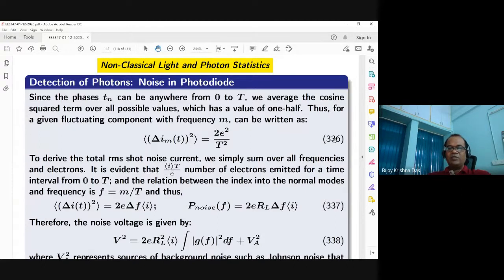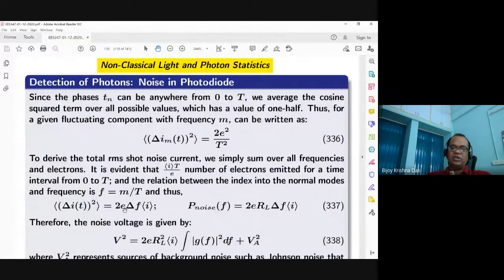Using this one and equation 336 and the fact that f equals m by T, this will become 2e times delta f times the average current I. This is for a single electron, and for all the electrons coming you have to multiply this one by this one. So total current, here I have not used subscript m because I am summing over all the electrons. Once you multiply, T square, T will go, and 1 by e will go.